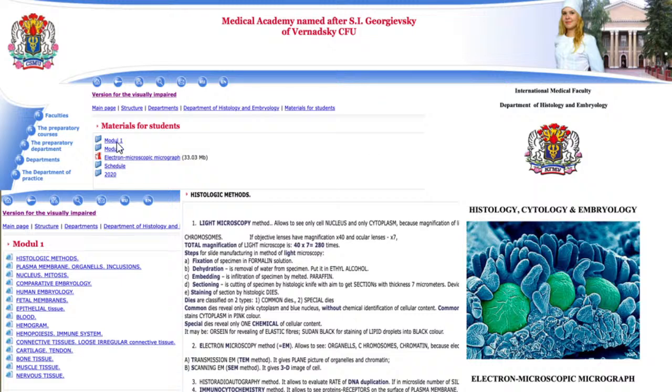Also, in Module 1 we have some topics like histological methods, plasma membrane, nucleus, mitosis, comparative embryology, and some others. And for example, we have a short prescription for each topic: light microscopy, total magnification, fixation, embedding.